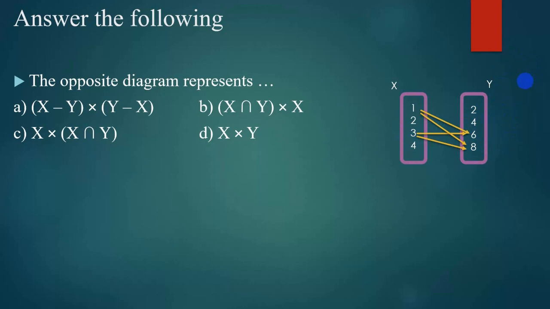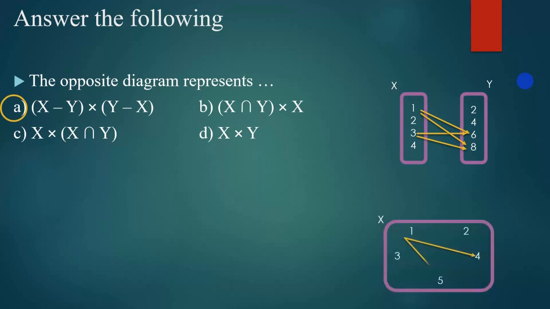These are the elements which belong to y and don't belong to x. Yes, which is y difference x. So the right answer is x difference y cross y difference x. Let's see another exercise.